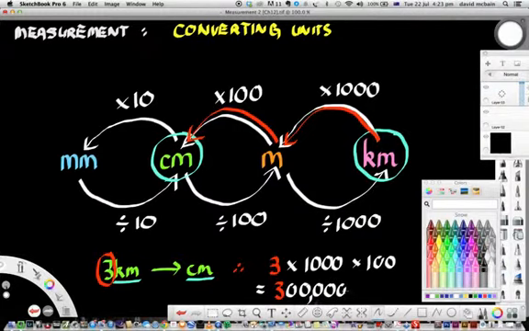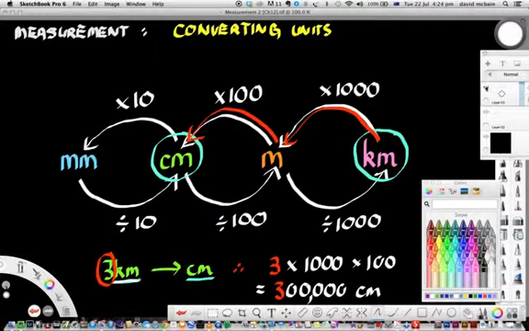To work out where the commas go, we count every 3 back. There's a comma there. So that's 300,000. We started at kilometers and we've converted to centimeters, so that's our answer in centimeters. So 3 kilometers is 300,000 centimeters. In other words, 3 kilometers is the same distance as 300,000 centimeters. Let's do a different example.